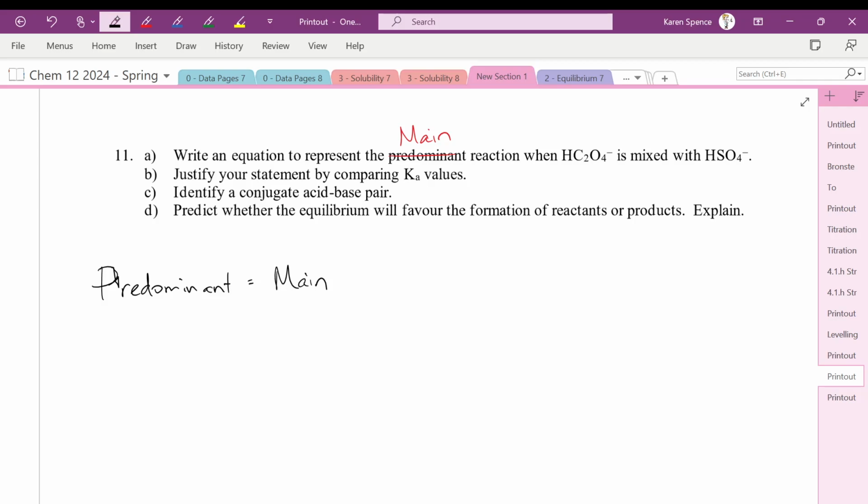So who should be the reactants in our reaction? It's not difficult. Who are the reactants? The things that are there. Yes? So we have HC2O4 minus plus HSO4 minus.